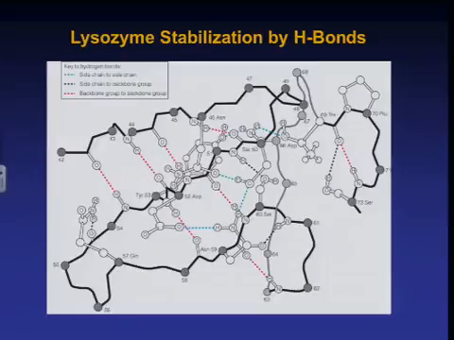In contrast to secondary elements, where the hydrogen bonds are exclusively between the main chain atoms, upon folding you can have side chain to side chain hydrogen bonds, side chain to backbone, and backbone to backbone. So it's not limited just to the main chain atoms.